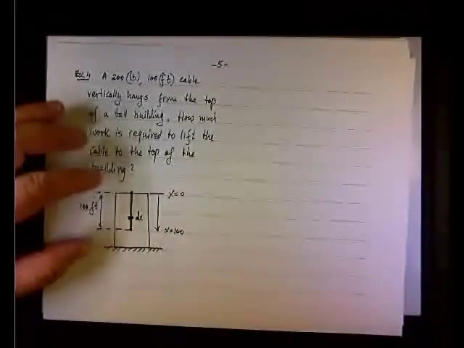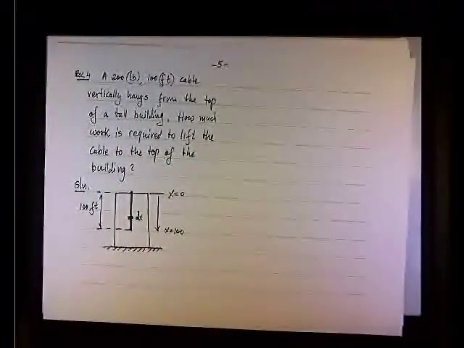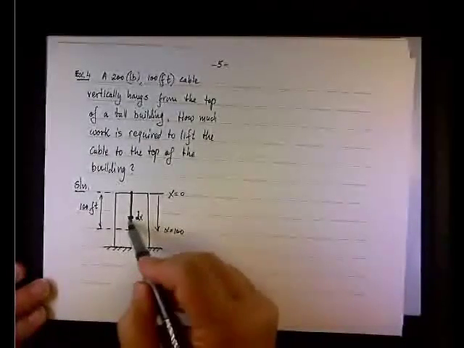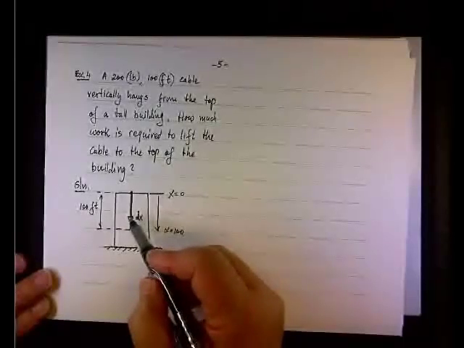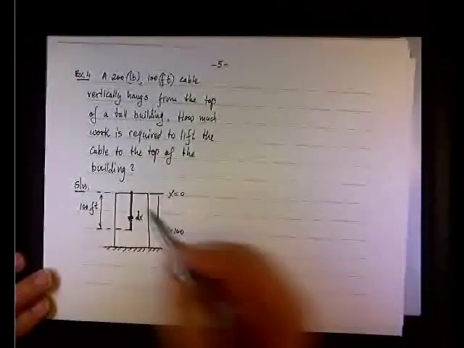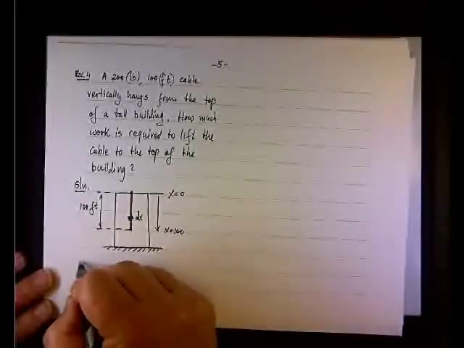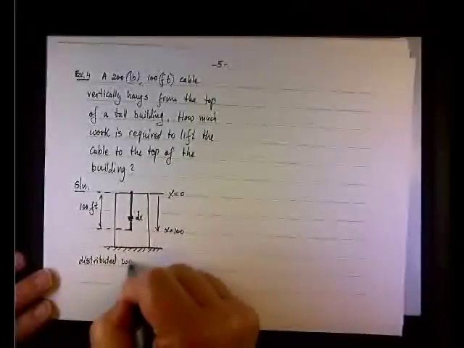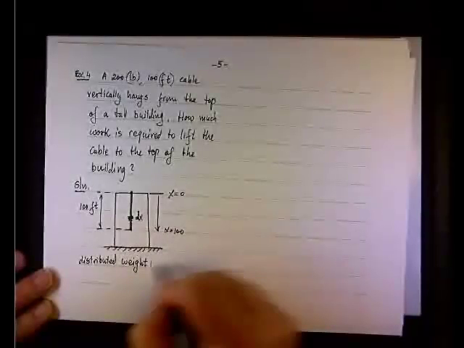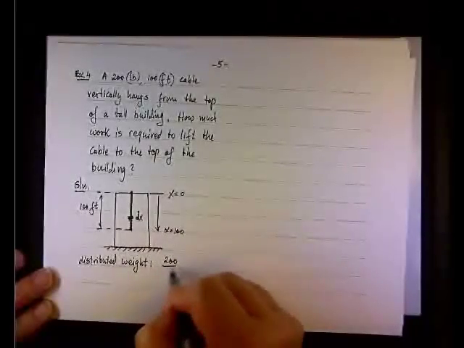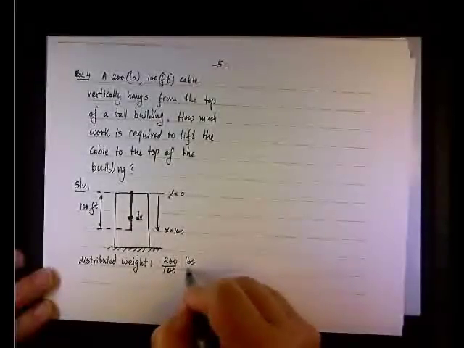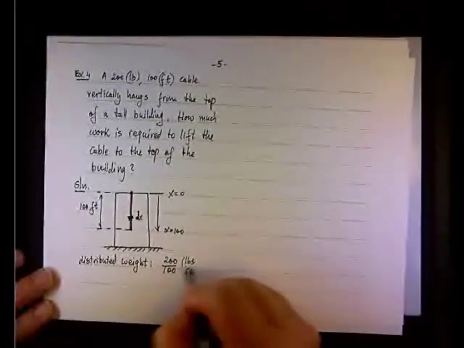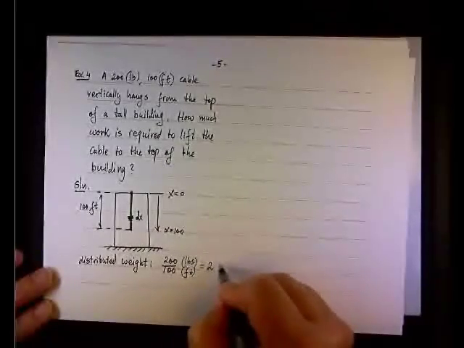Okay, so what is the weight of the cable? Well, we know that it has a total weight of 200 pounds, but it's distributed over 100 feet. What we can do, we can find out what is the weight per foot, right? And the weight per foot, or the distributed weight, we have 200 pounds divided by 100 feet, like so, and we're looking at 2 pounds per foot.